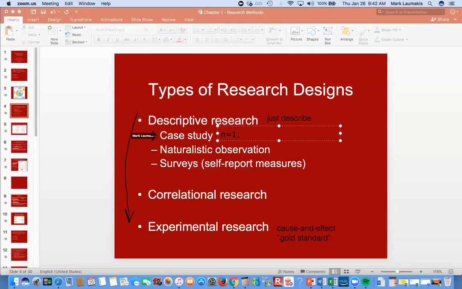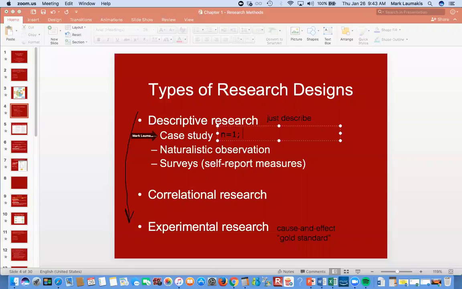So the quote-unquote sample size in a case study is 1. We might study one brain-damaged individual to discover what abilities get knocked out or eliminated when you have brain damage to this specific part of the brain, okay? We might do a case study of an individual who's got incredible memory abilities to describe how they do what they do with memory and to describe the specifics of their memory capacities, okay?